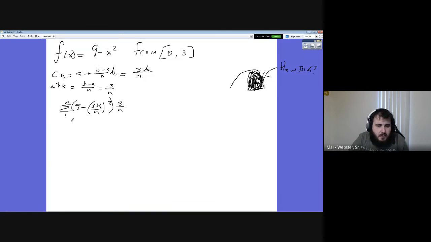So once we distribute everything in, we've got 9 times 3 is 27 over n, right? 3 times 9 is 27 minus 3 squared, k squared over n squared times 3 over n.